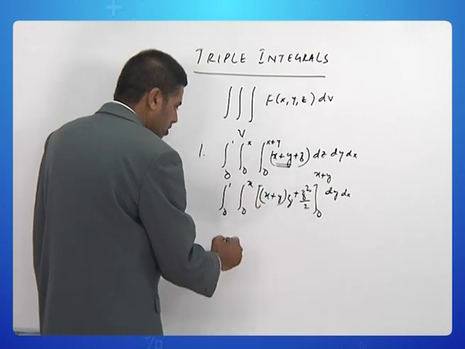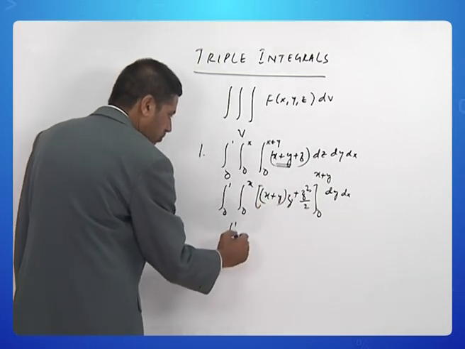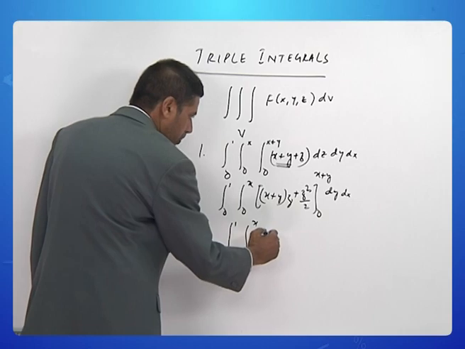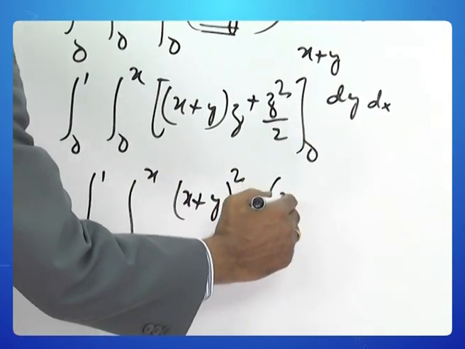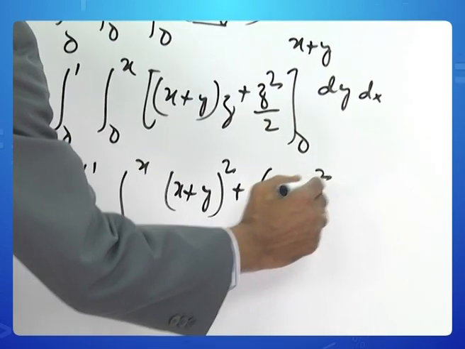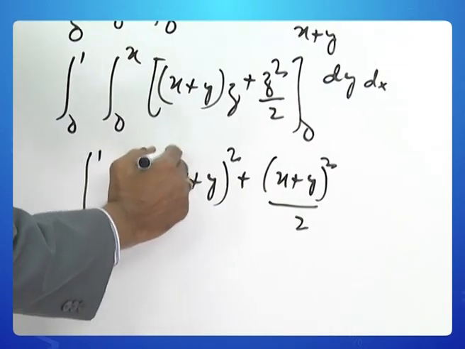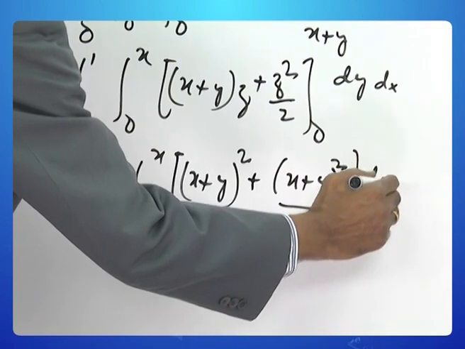So when you apply the limits, you will get 0 to 1, 0 to x, x plus y whole squared plus x plus y whole square by 2 dy.